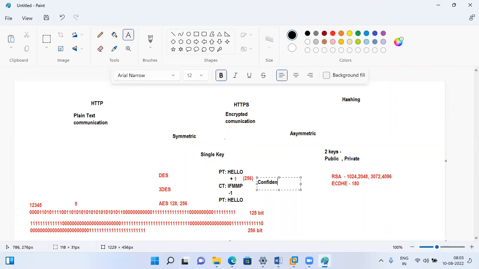Similarly, by enabling hashing, we are trying to protect integrity.